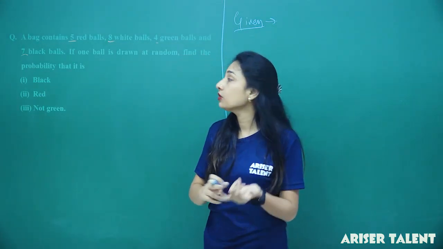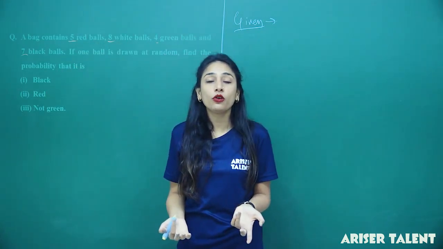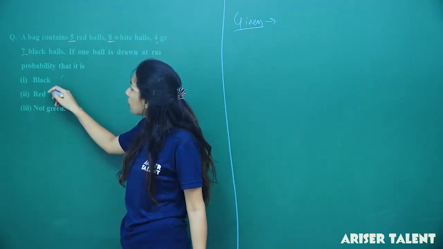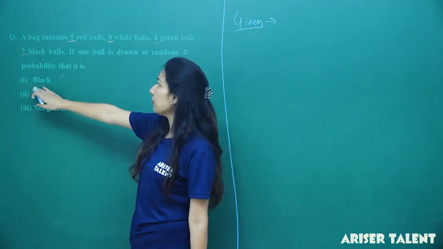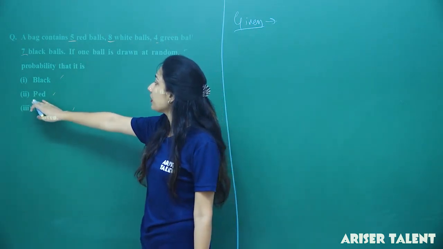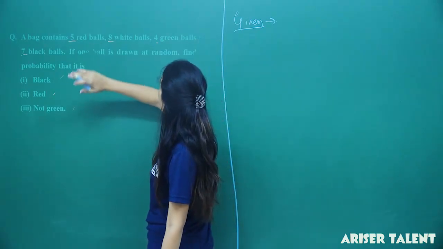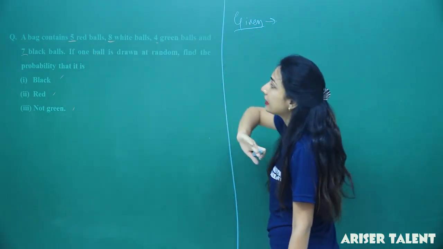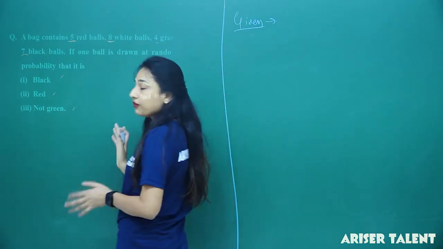That will be the summation of these. Now, the favorable outcome will change according to the question. So first question there will be black only, in the second there will be red only, and in third there is no green. If there is no green, that means that can be red, that can be white and that can be black. Okay, so we will deal with them one by one.